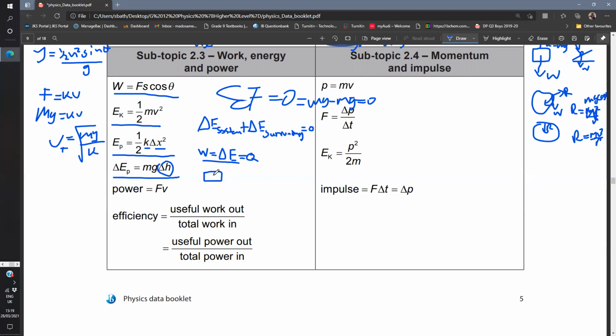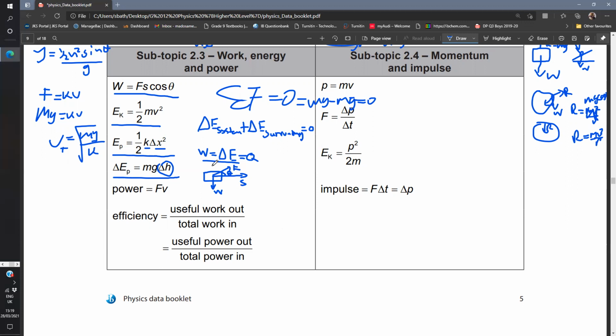So this is your object. Here we have the weight component. And if you're pushing it, we apply a force that way. It will be displaced, and then we have an angle here.